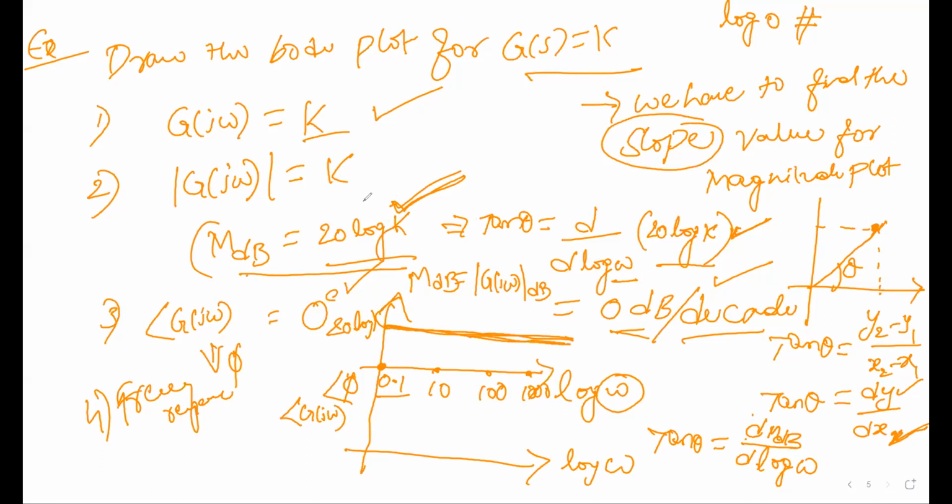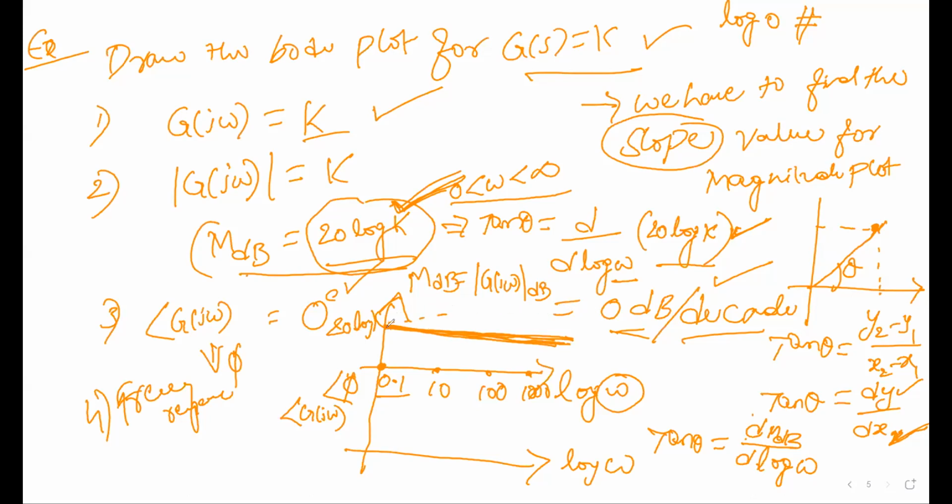We have only a constant value for all frequencies. We are getting a straight line only, because for the given problem the magnitude is independent of frequency. That's why for all frequencies we get a constant value only. Right?